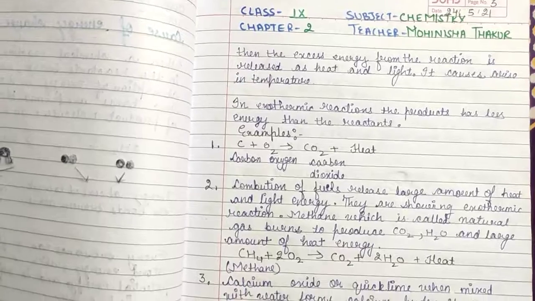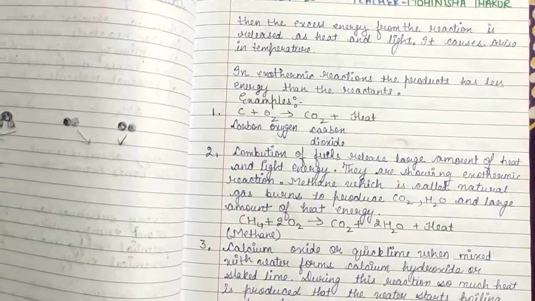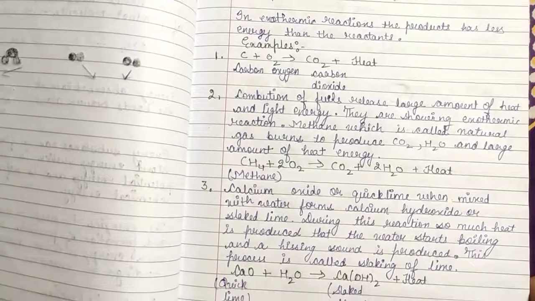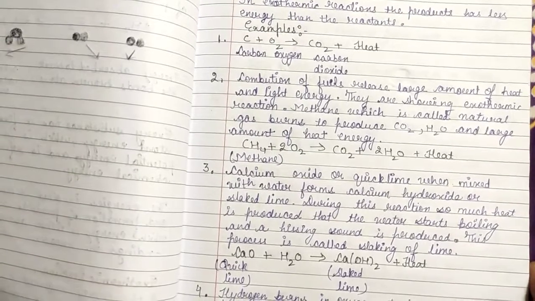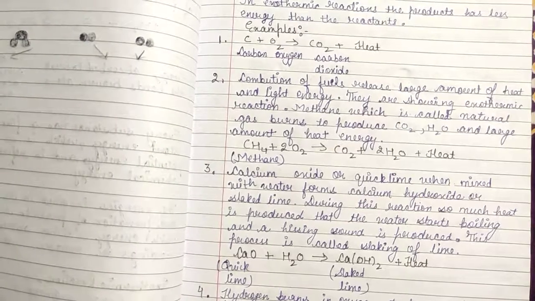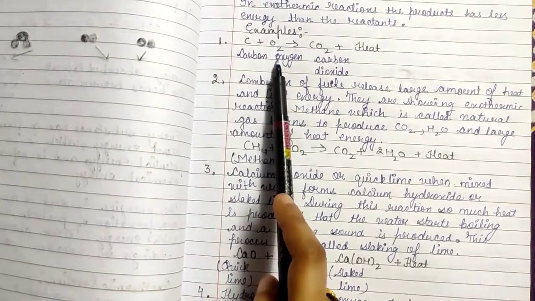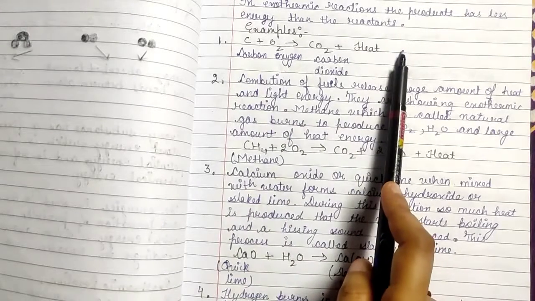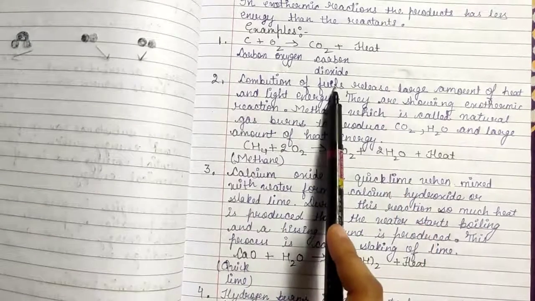You may observe the examples on page number 3 of the notes, which is sent on 24th May 2021. Here the first example is the formation of carbon dioxide with release of heat energy: when carbon reacts with oxygen, it forms CO2 and heat energy is released. Similarly, the combustion of fuels.